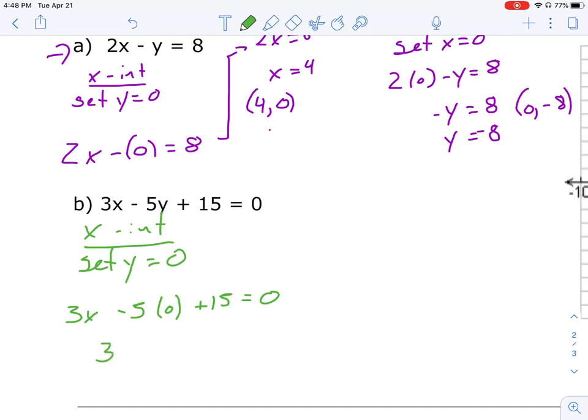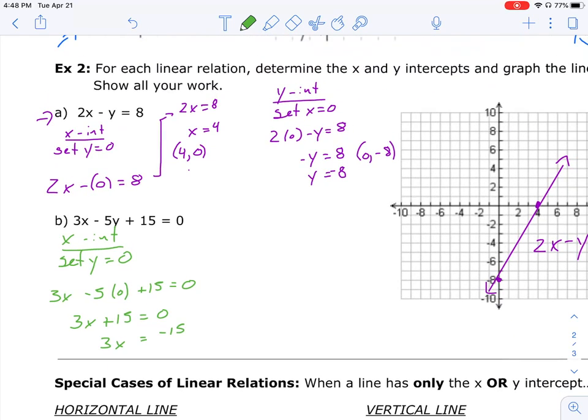This then becomes 3x plus 15 equals 0. 3x is equal to negative 15. Or in this case, it would be x is equal to negative 5.